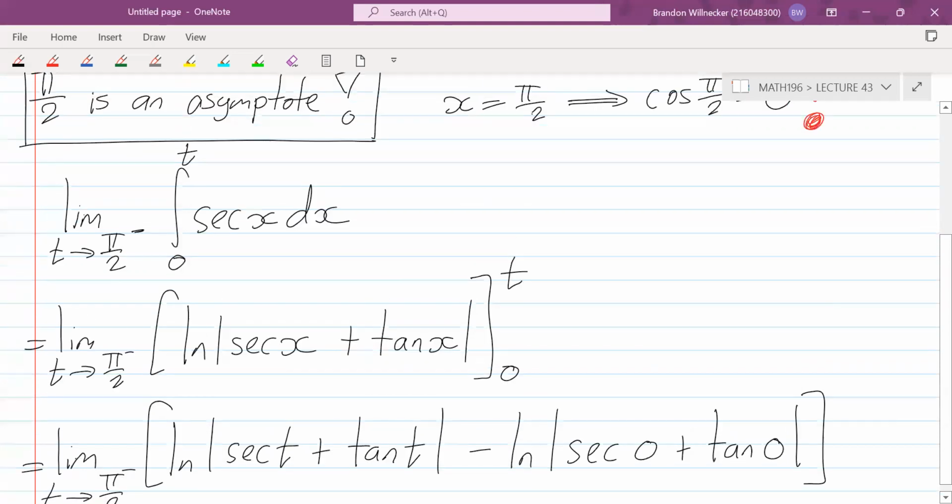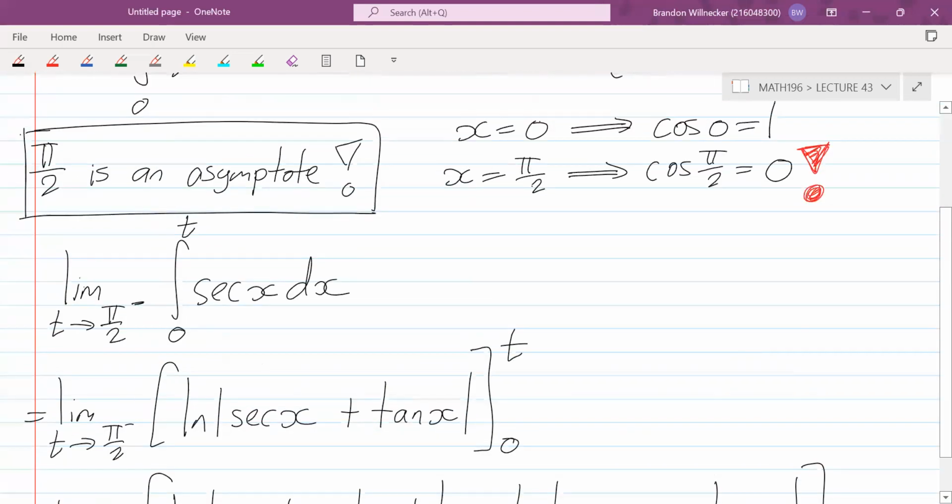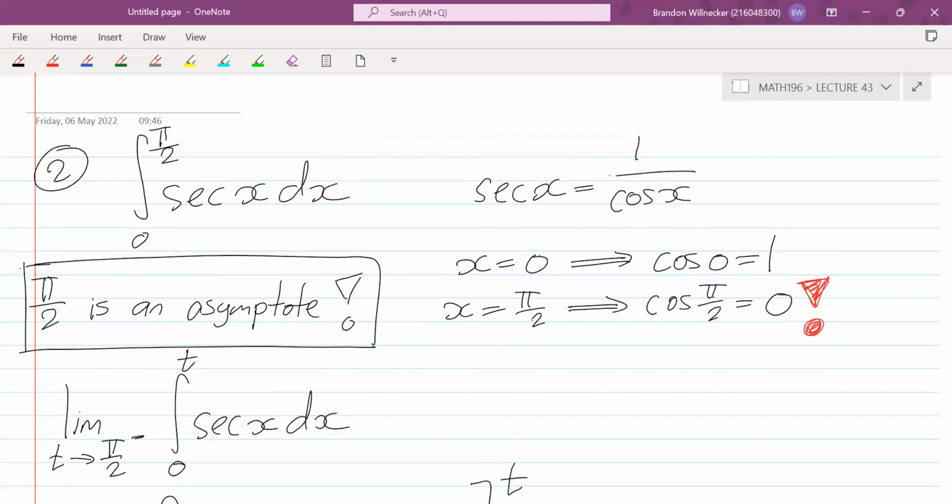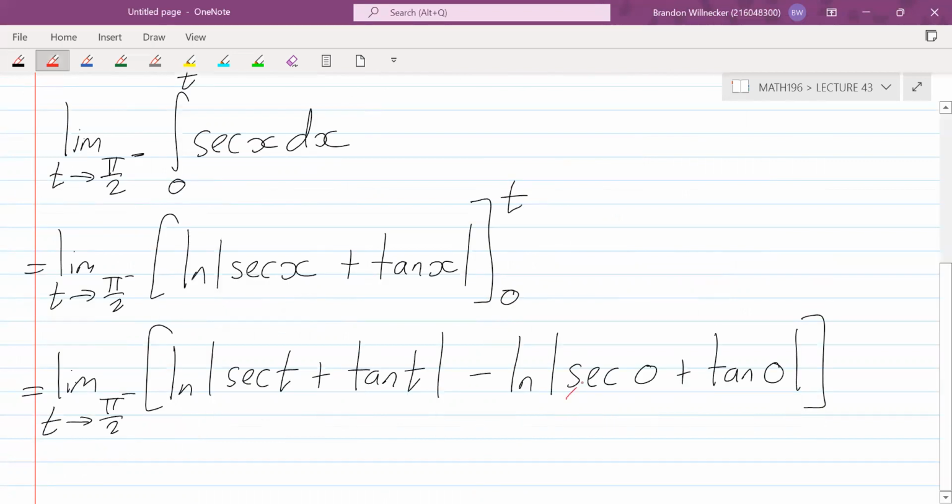Now remember how sec is defined. Sec is 1 over cos. So if we substitute 0, we're just going to get 1. And tan of 0, that's 0. Lastly, the natural log of 1 is 0. So all of this goes away.